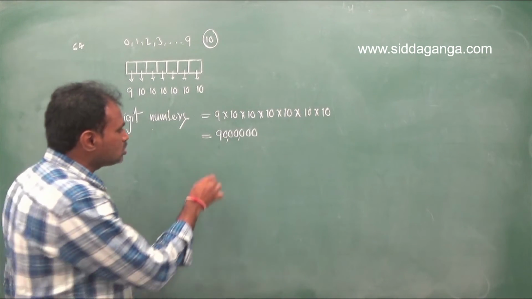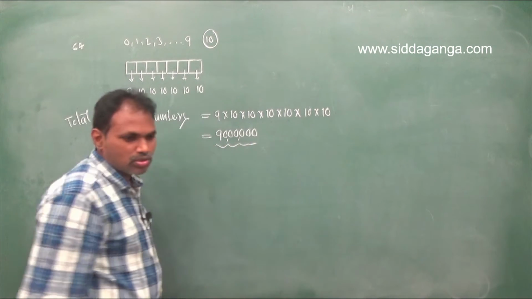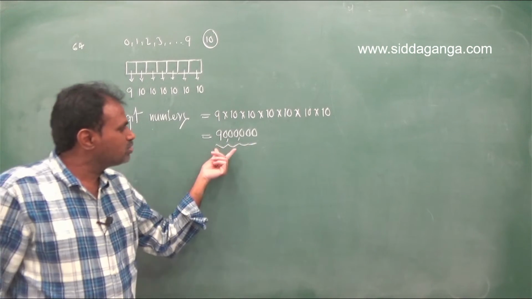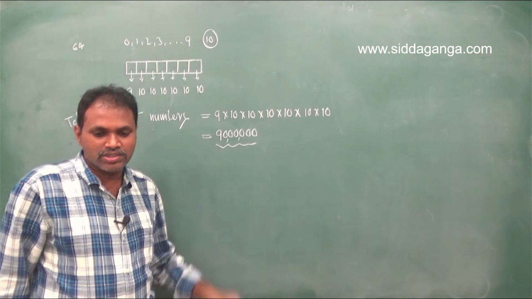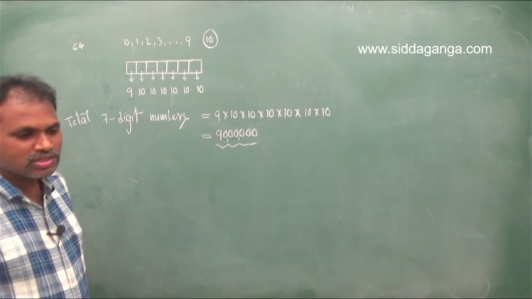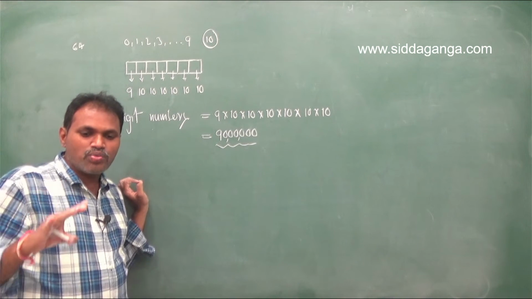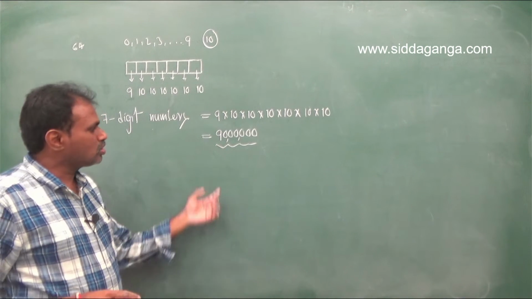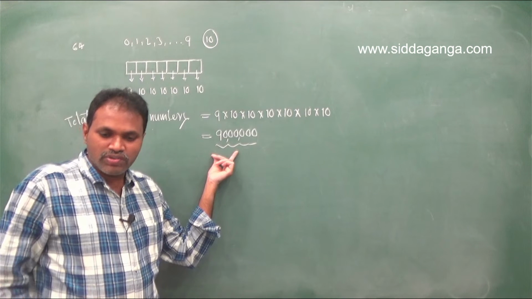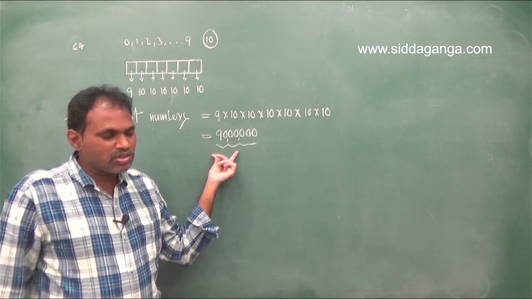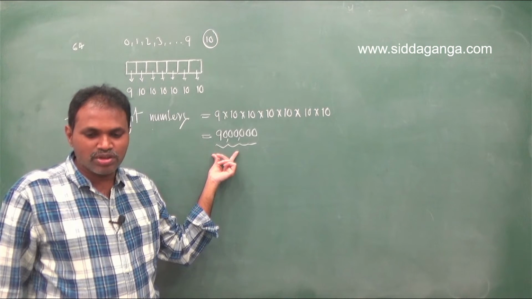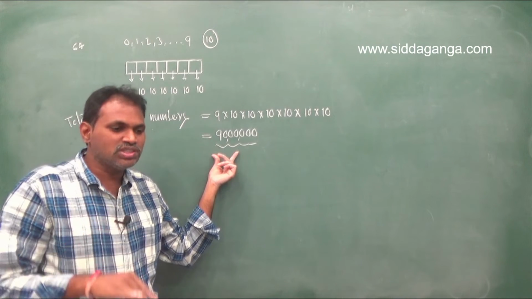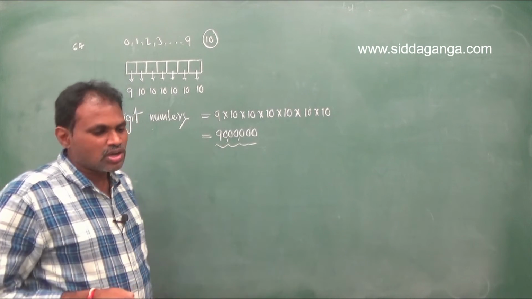Now out of these 90 lakhs 7-digit numbers, half have an even sum and half have an odd sum.